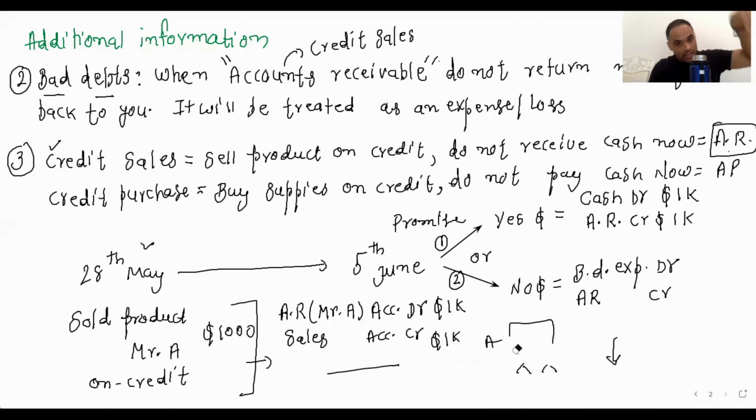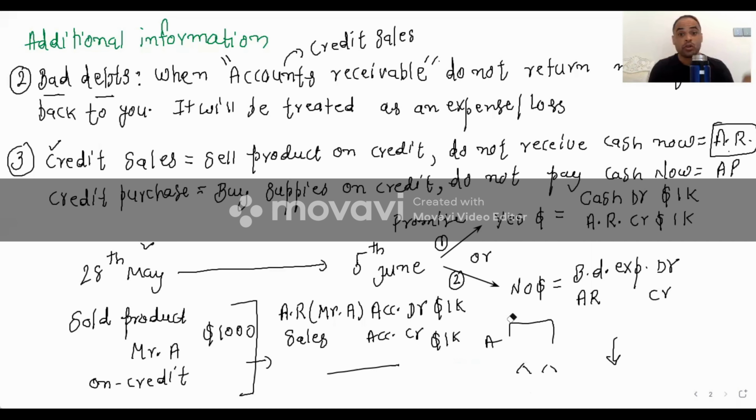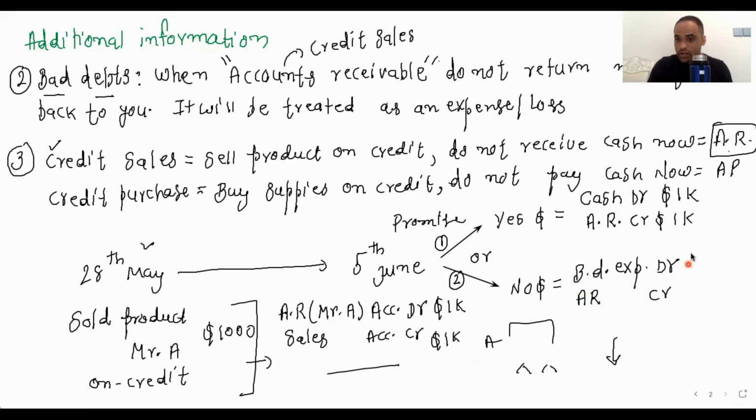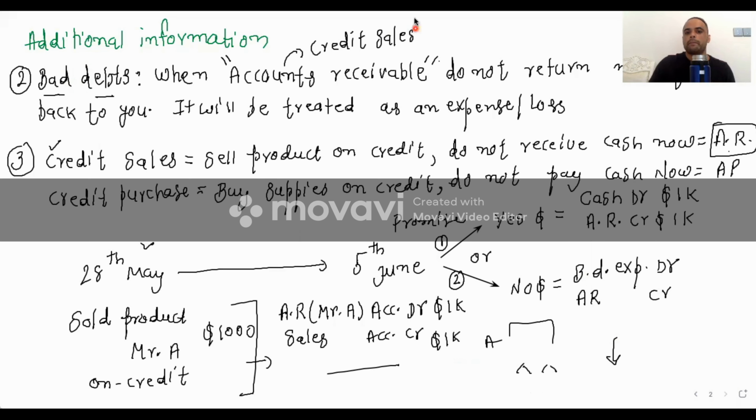If they pay you, accounts receivable reduces. If they don't pay you, accounts receivable still reduces. In both situations, on the 5th of June, your accounts receivable is going to be reduced, either because they pay you money or because they do not. If they pay money, you receive cash. If they do not pay, bad debts. That's what you do with your bad debts.